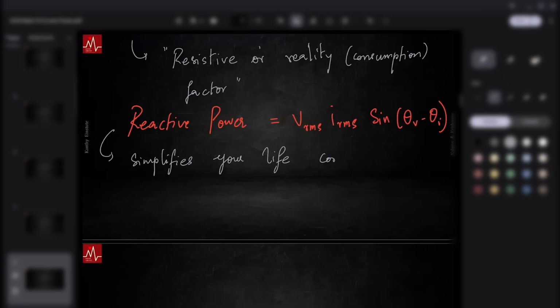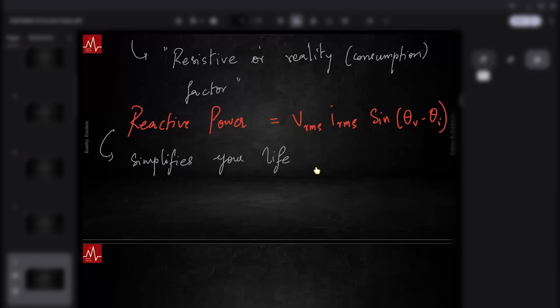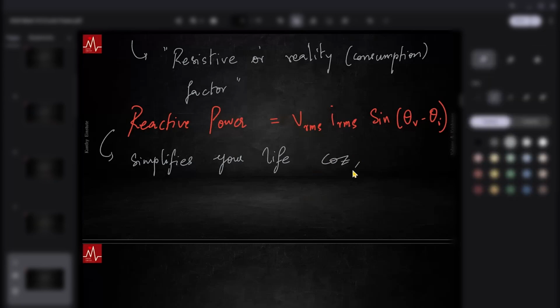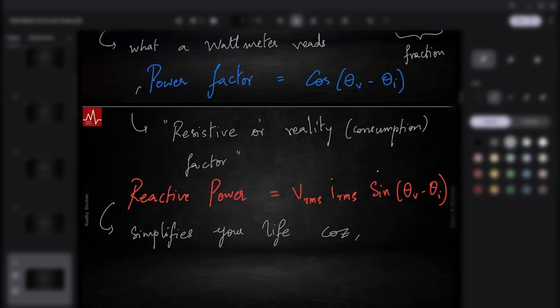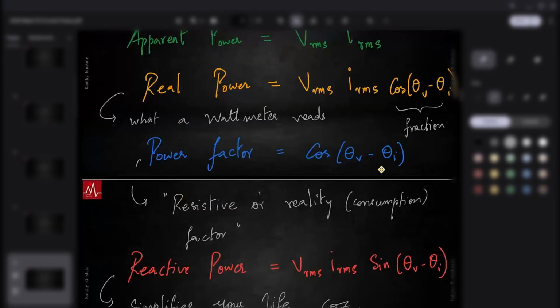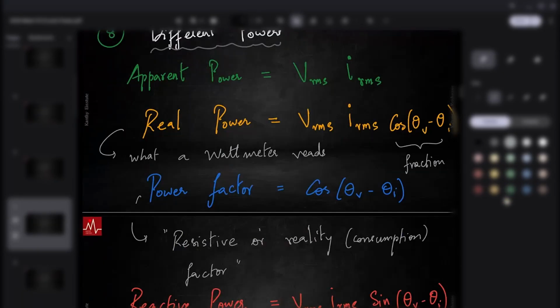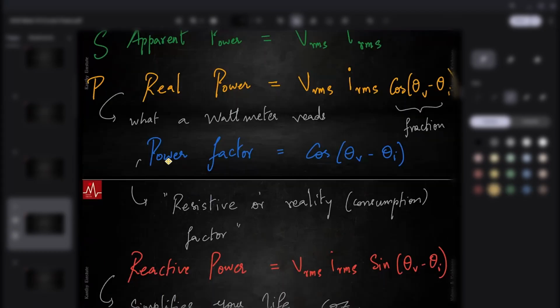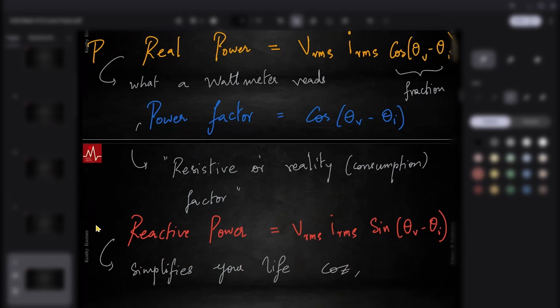Let's also give some symbols. What symbol for apparent power? The standard symbols are: this is S, this is P, and this is Q. It's a convention, there's a name.